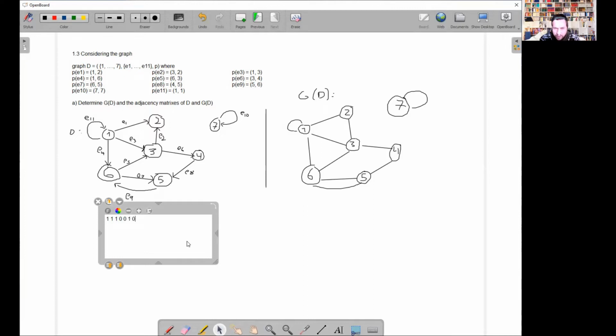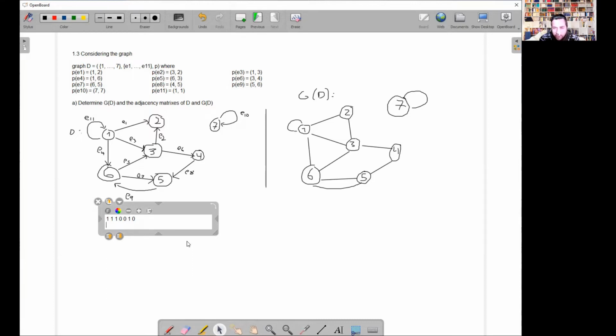And not to E7. So remember that we count the number of direct links that we have from one node to the other, right? And the node where we start is represented by the row of the matrix. So as we are in the first row, we count the links from the first node to other nodes.